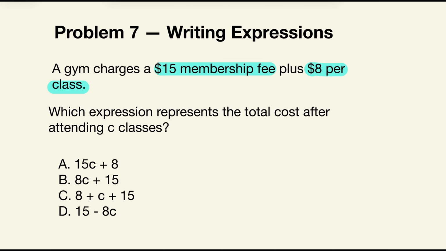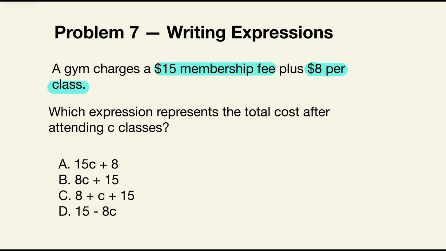So the membership fee stays the same no matter how many classes are taken. This 15 is our constant. Now let's look at the classes. The phrase per class means multiplication is happening.